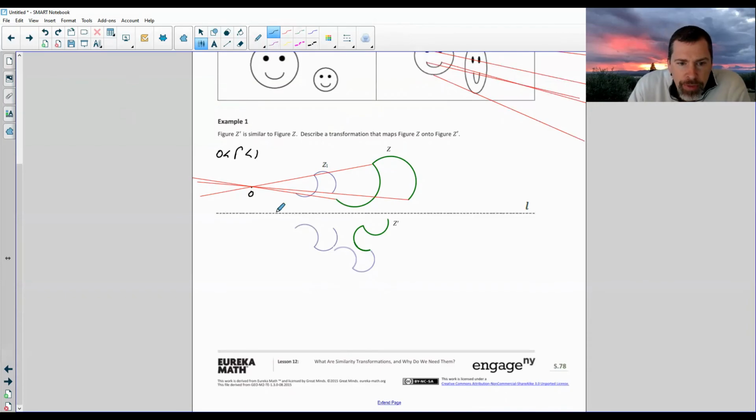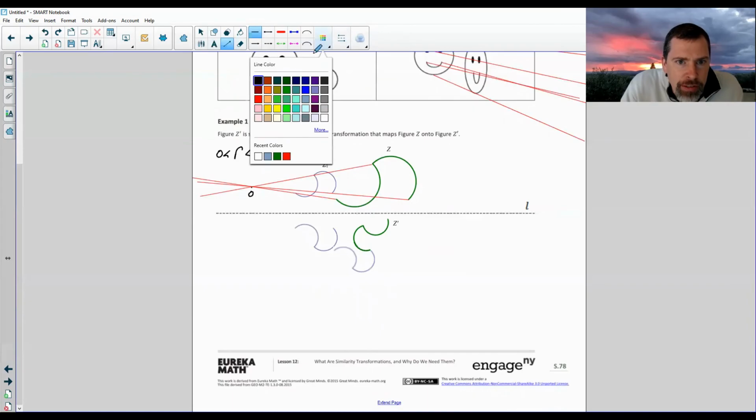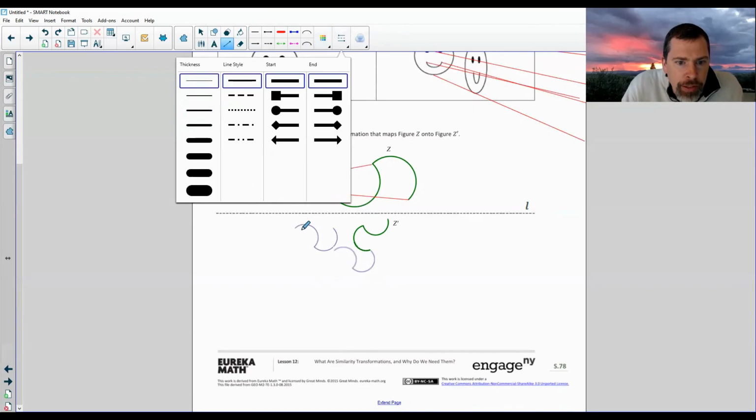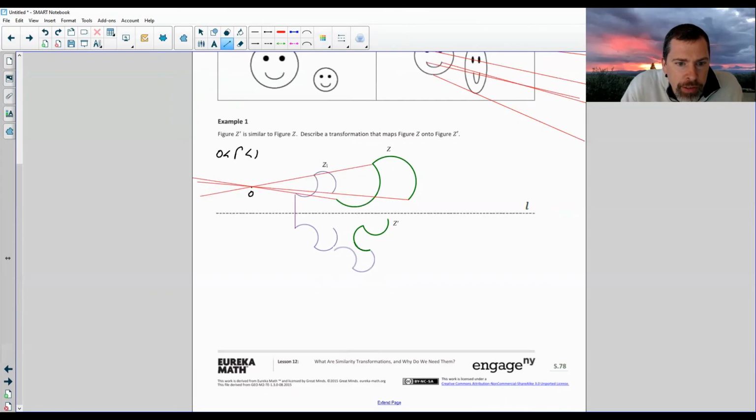Then we have this dashed line, L. And if I drew, let's use purple, thin, from here to there. I'm off a little bit. This should be the same distance.